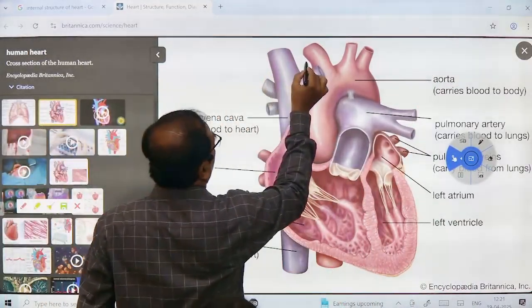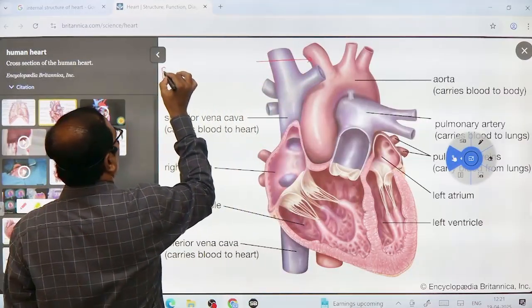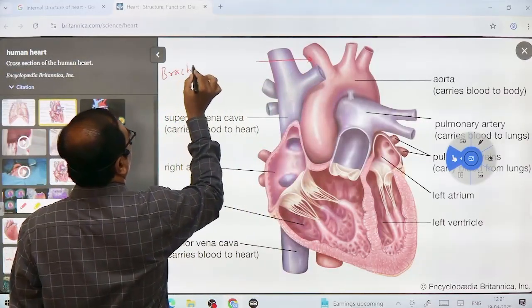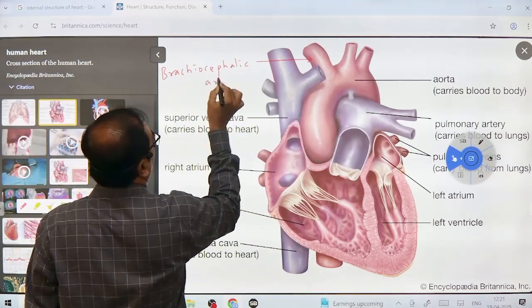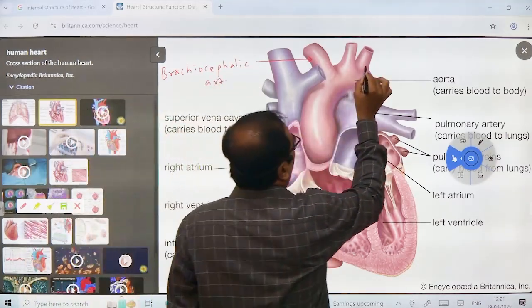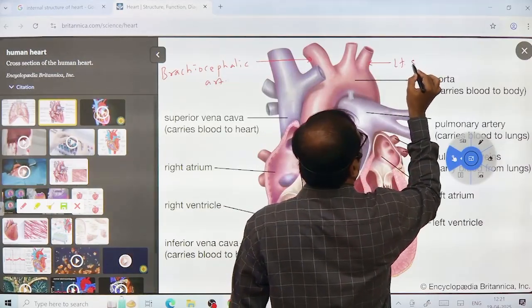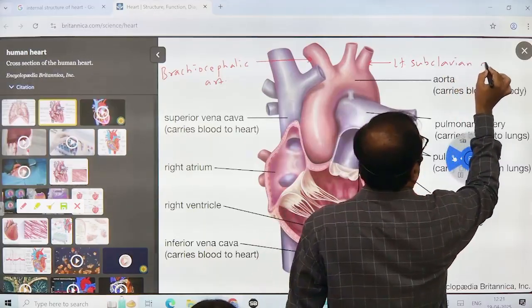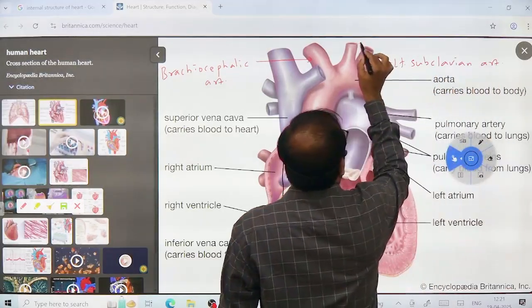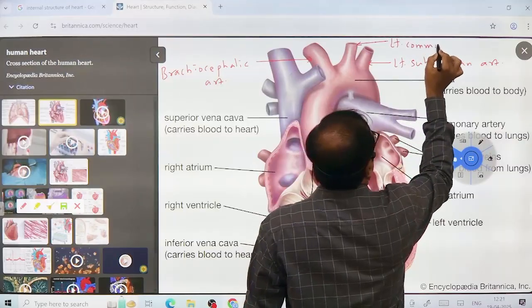See what is first. This is called brachiocephalic artery. Then left subclavian artery. Then left common carotid artery.